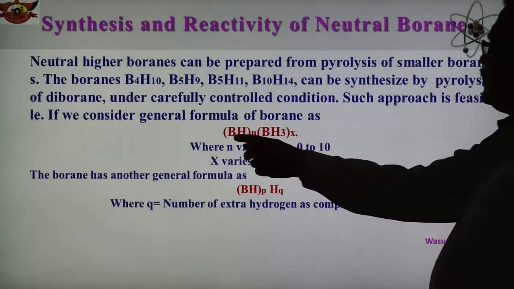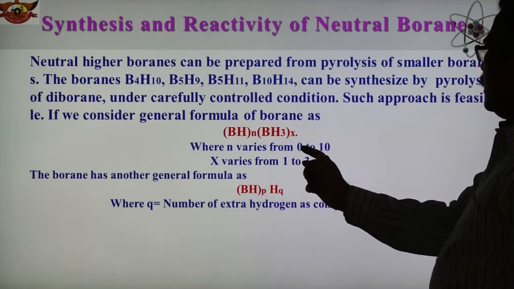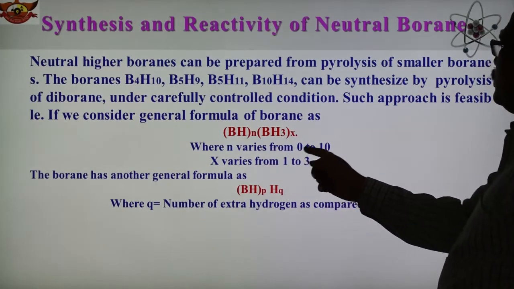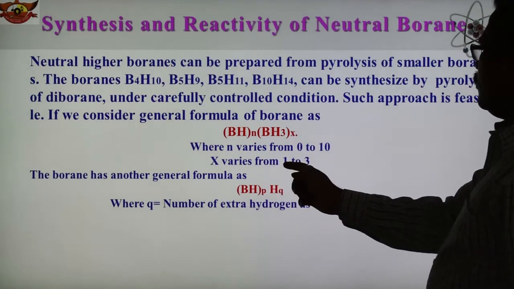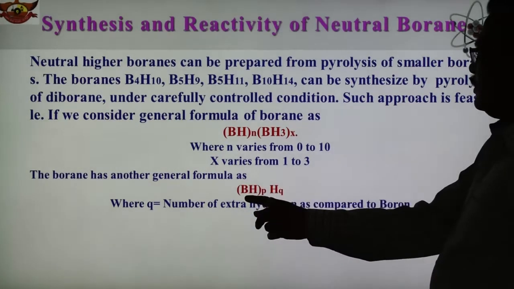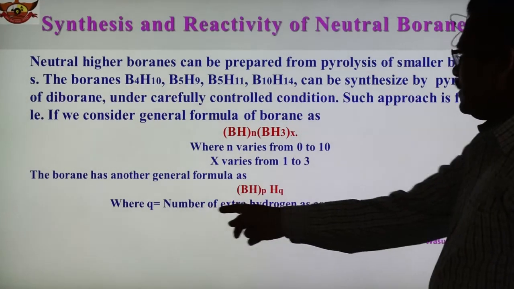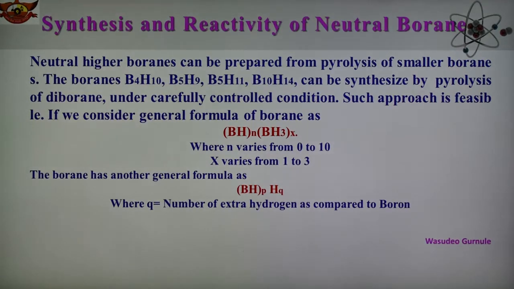The first one is BnH(n+4) (BHN BH3X), where N varies from 0 to 10 and X is from 1 to 3. The other general formula of borane is BpHq, where q is the number of extra hydrogens as compared to the boron.